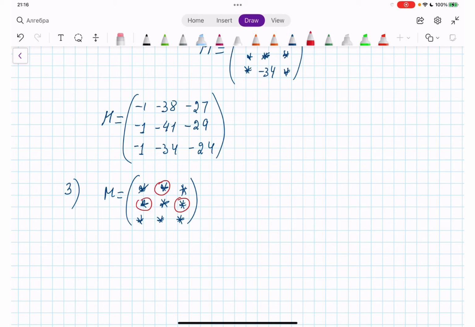It looks like a rhombus if you imaginary connect them, you will see.